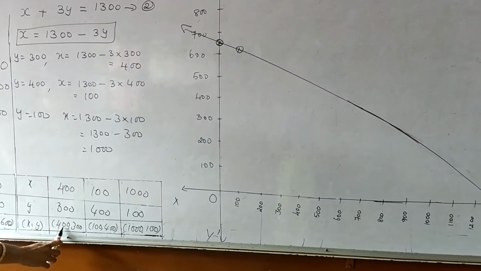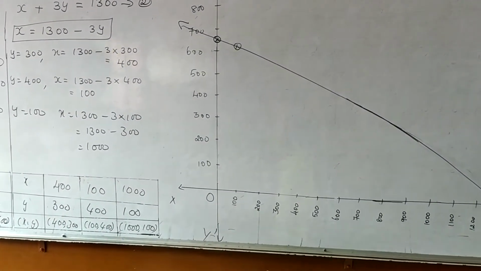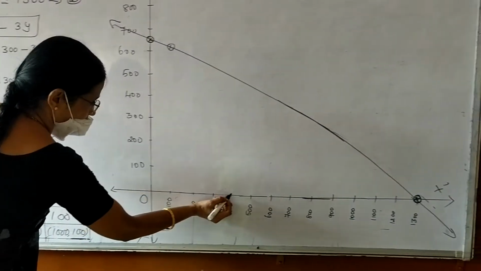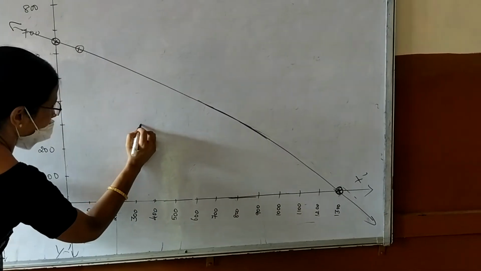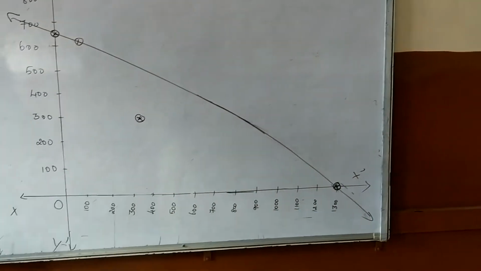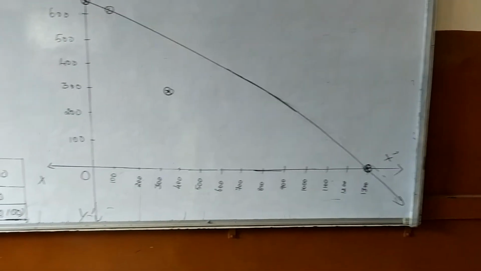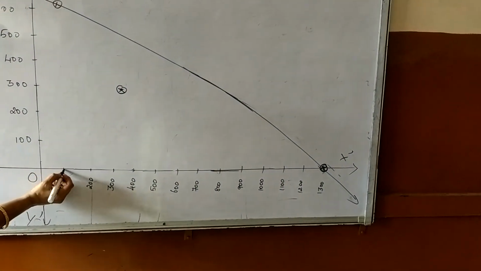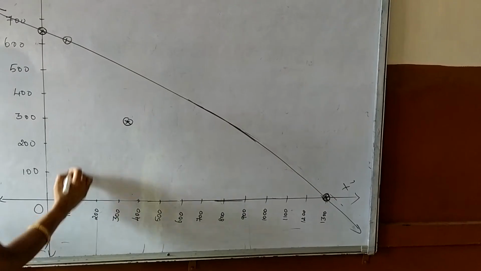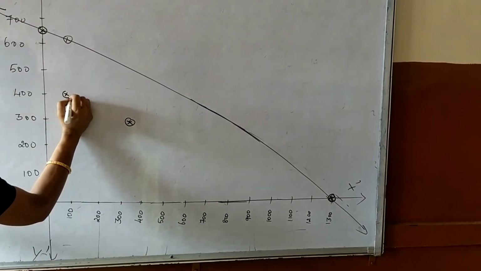x is 400 and y is 300. You can see where they coincide. It's this point, so this is plotted. x is 100 and y is 400. So they coincide at this point.